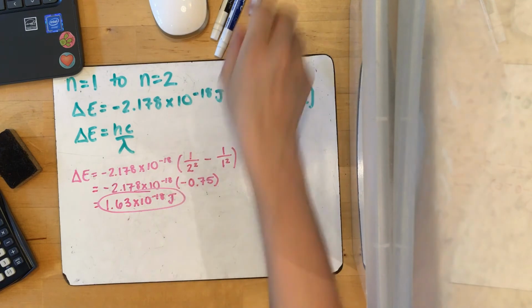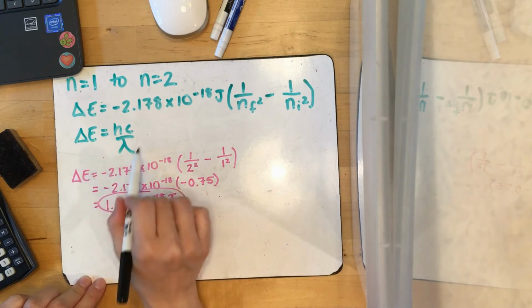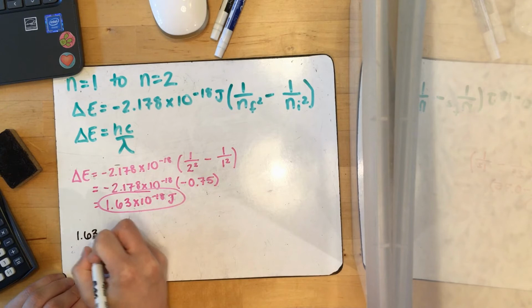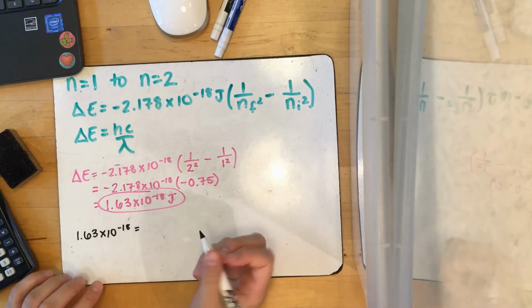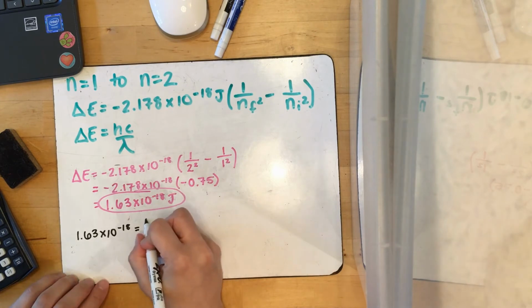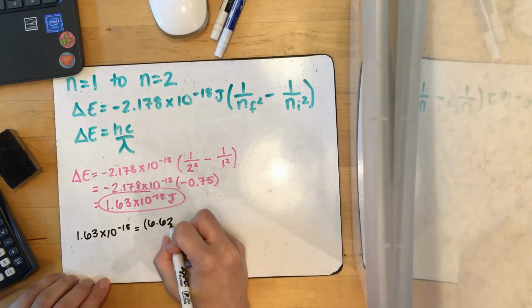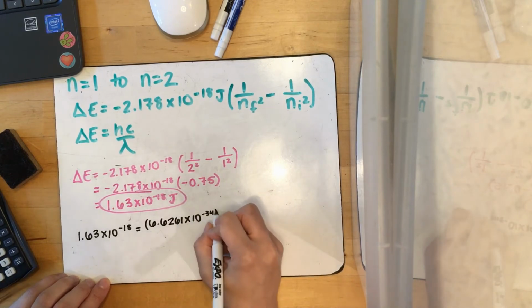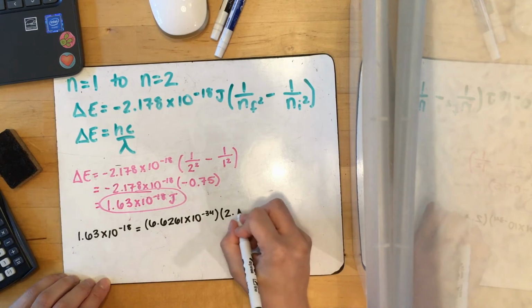So then to find the wavelength, we need to plug this into this equation. So I'm going to plug that in. h is Planck's constant, which is 6.6261 times 10 to the negative 34th. c is the speed of light.